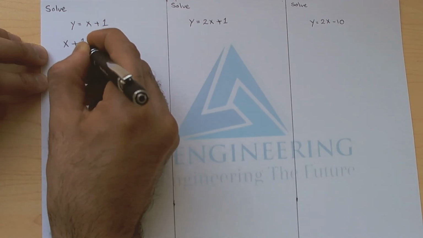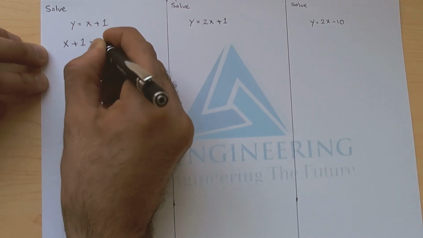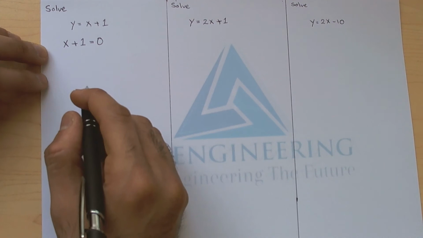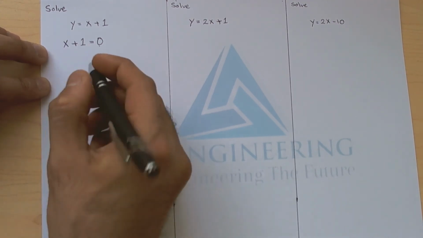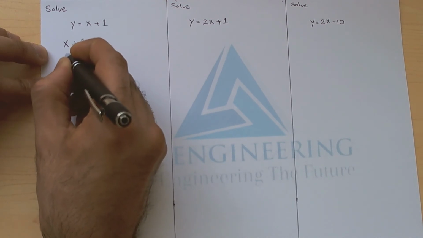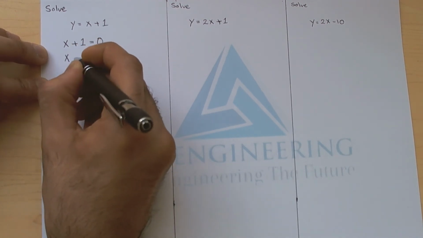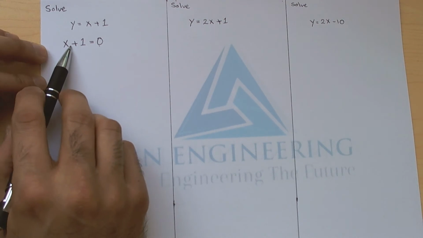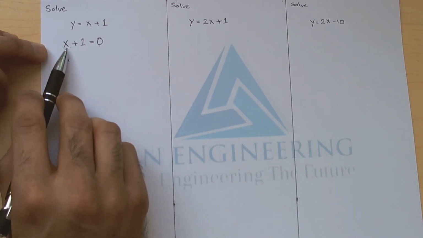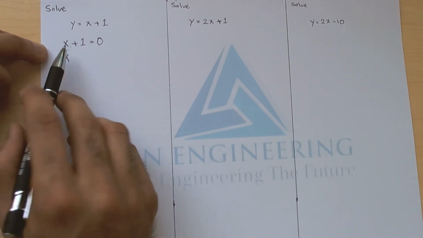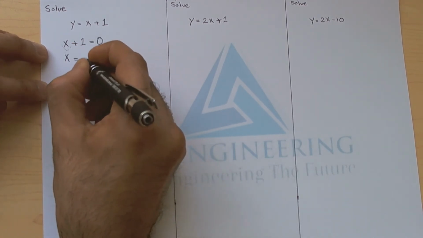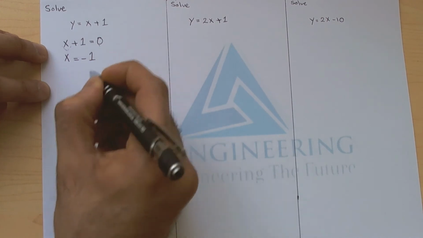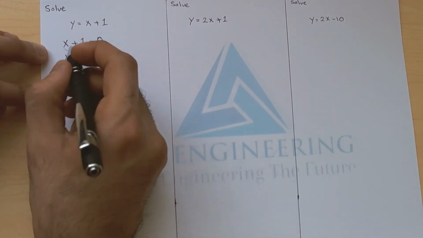So we can say x plus 1 in this case equals 0, because we are assigning 0 to y. And then we rearrange this equation to leave the unknowns on one side, take 1 to the other side, that will become -1, and that's our solution.